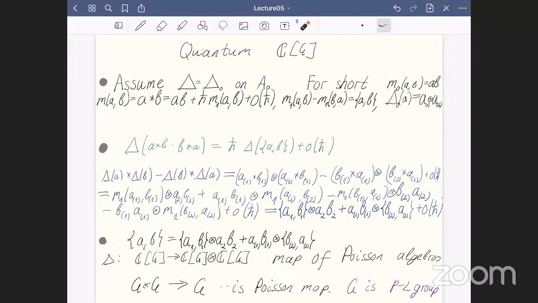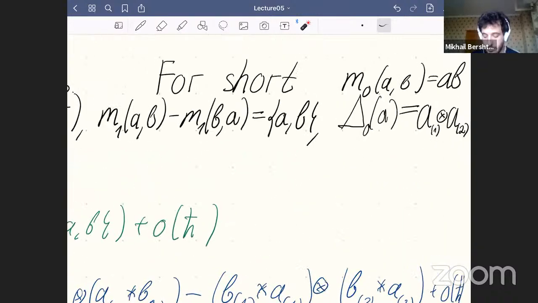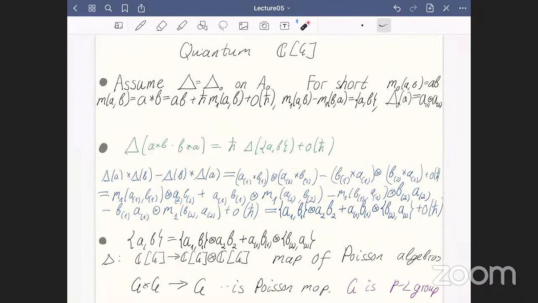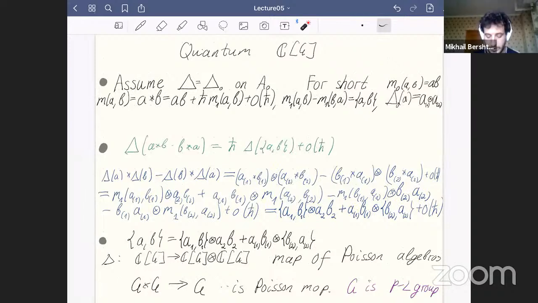And here, when you write A1 and A2, you assume that this is not deformed, or is this the deformed coproduct? A1 and A2 were defined for delta 0. So they are elements of the original algebra A0. So probably I missed where the first order deformation is in this formula?